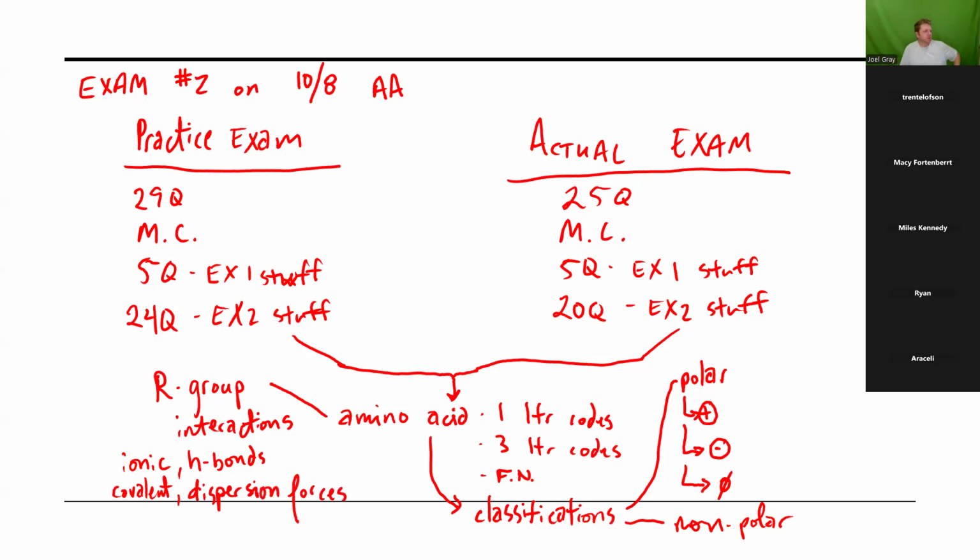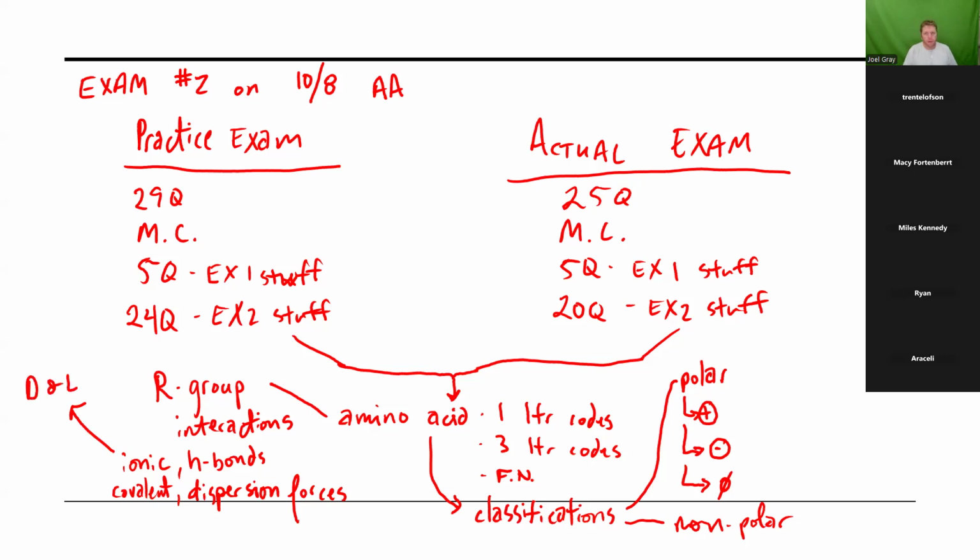So these four big things, and one of the things that we did last time was we looked at every amino acid R group and we said, based on their single letter code, which amino acids, and this is on the marked up PowerPoint that I posted after last class, which amino acids are likely to participate in ionic interactions.